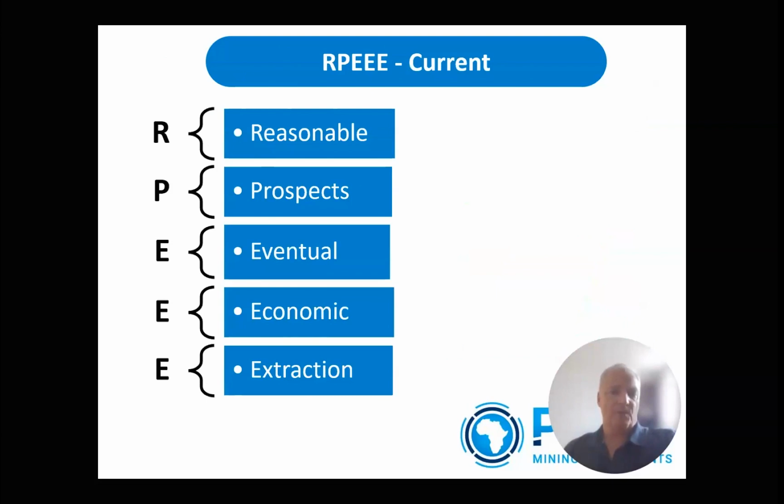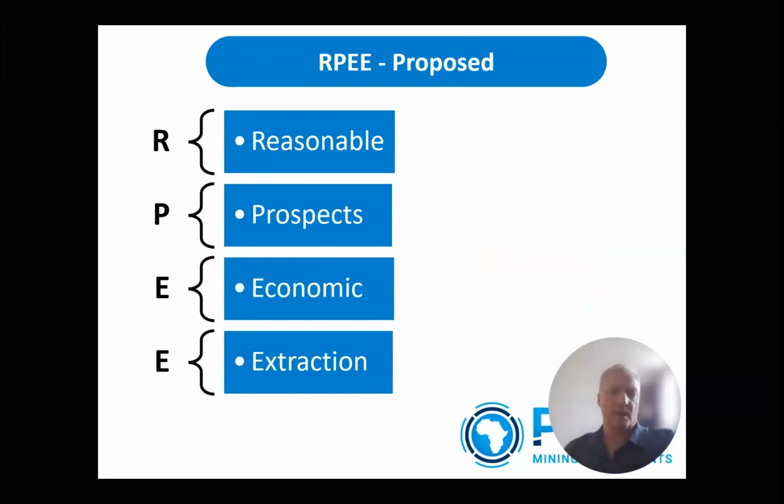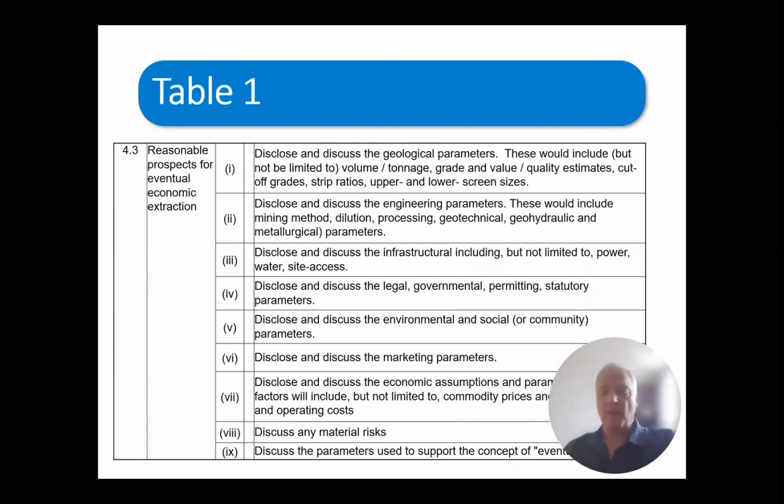So RPEEE, reasonable prospects for eventual economic extraction. At the recent CRIRSCO meeting, the word "eventual" has been taken out, so it is reasonable prospects for economic extraction, and it makes a lot of sense. So that's going to be proposed, or it is proposed, for all the codes going forward.